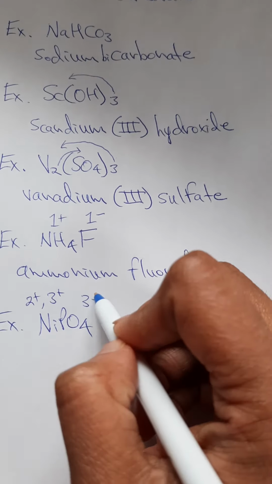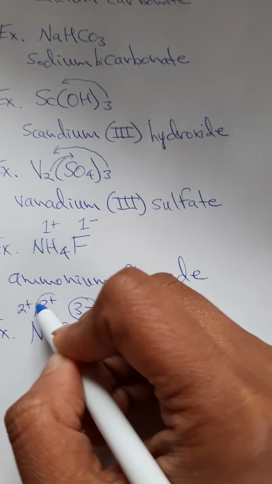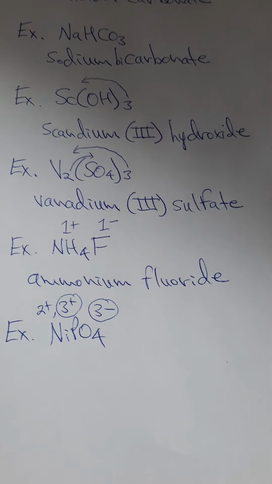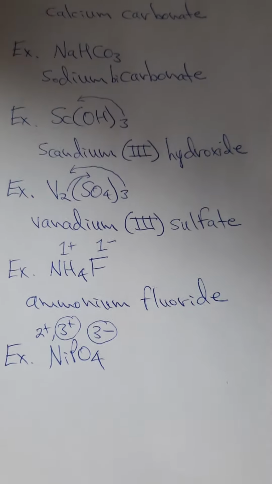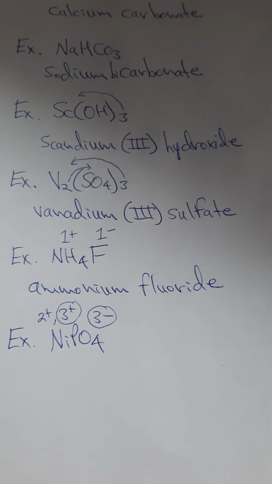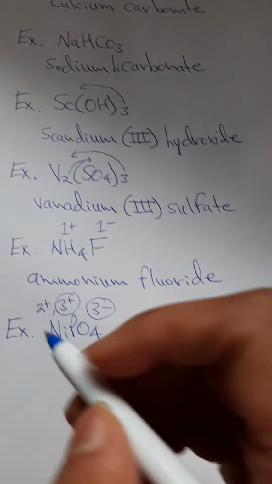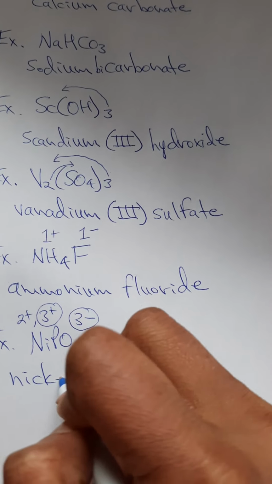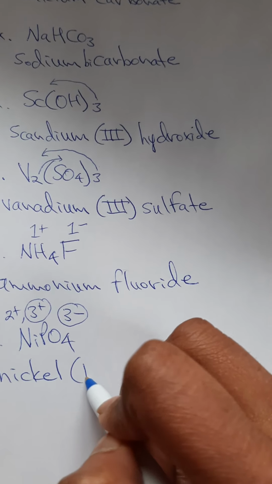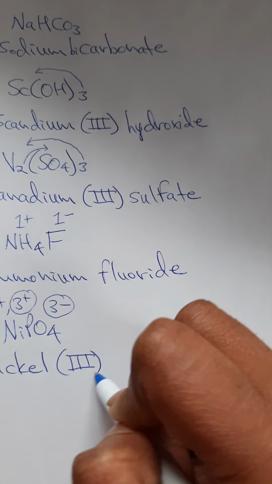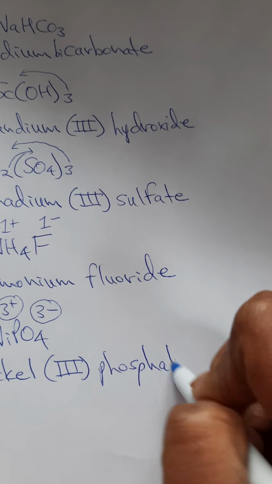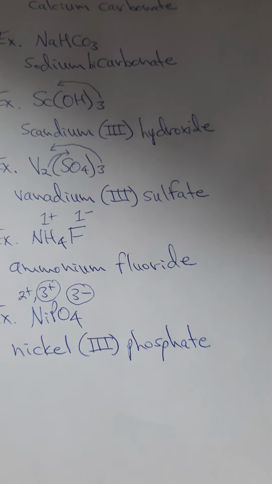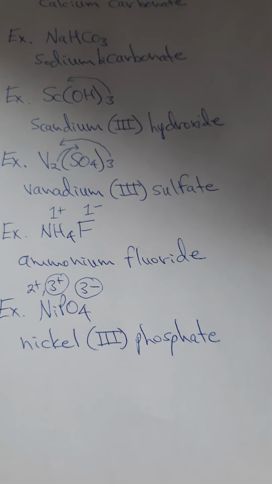So when you don't see a subscript like this, I know that the charge on nickel is 3 in this case, and that's why the 3+ and the 3- are just canceling out here. So we're going to write it out. The charge on nickel is 3+, so nickel(III) and PO4. PO4 is just phosphate. Everyone's good with that?